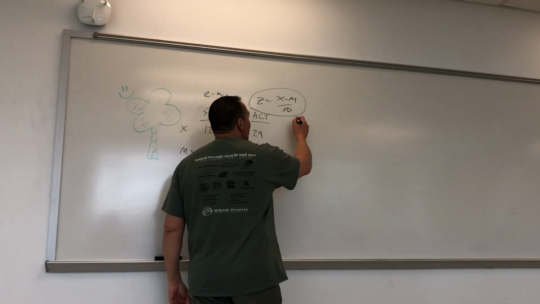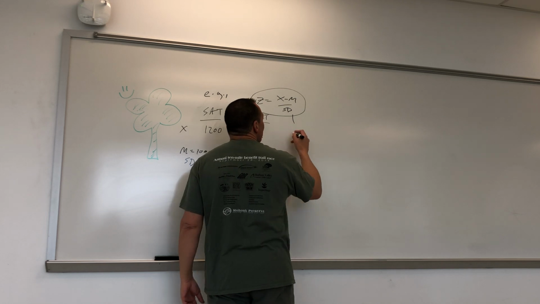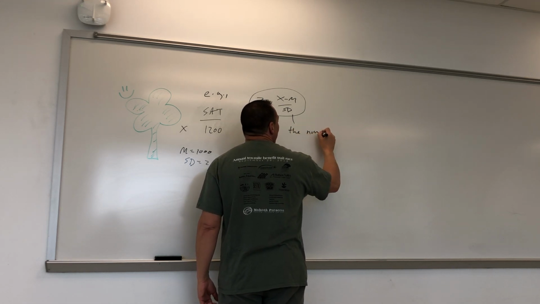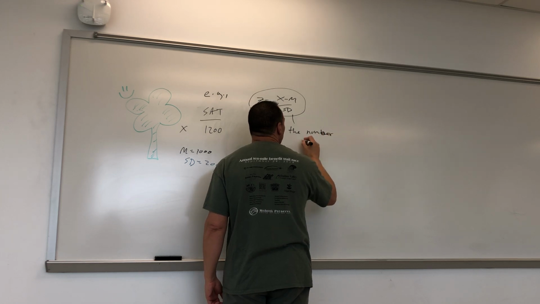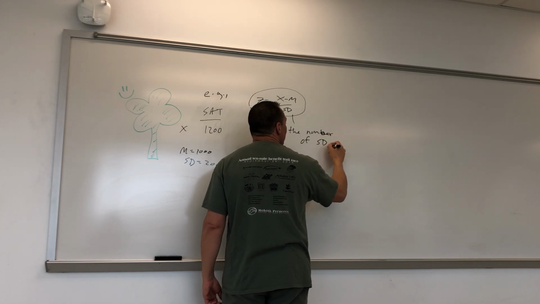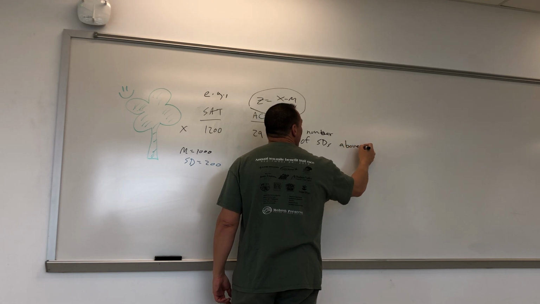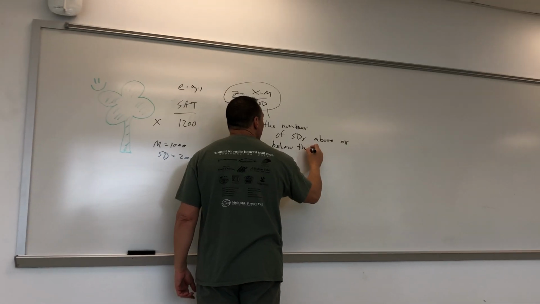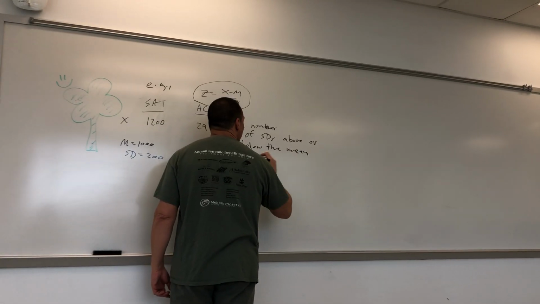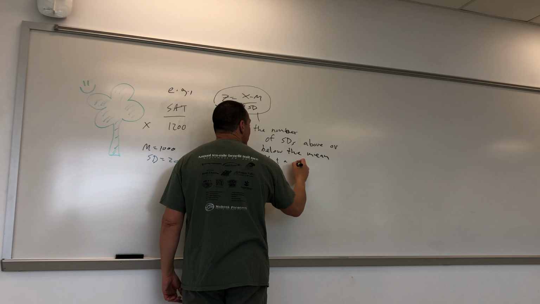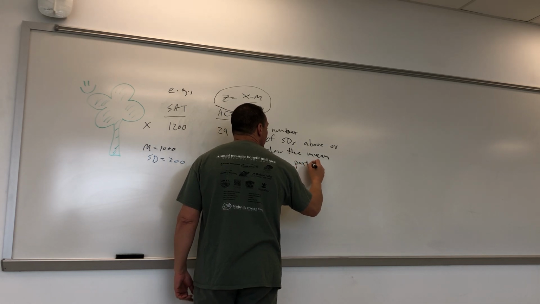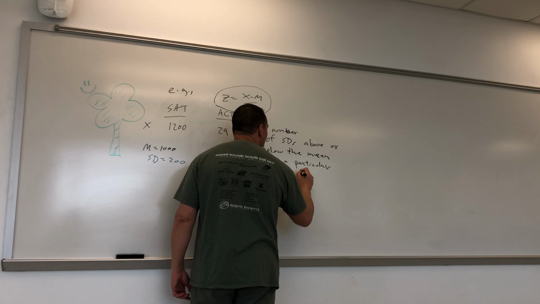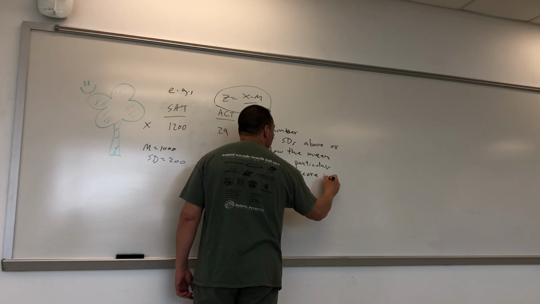We can interpret a z-score as follows. It is essentially the number of standard deviations above or below the mean that a particular raw score is.